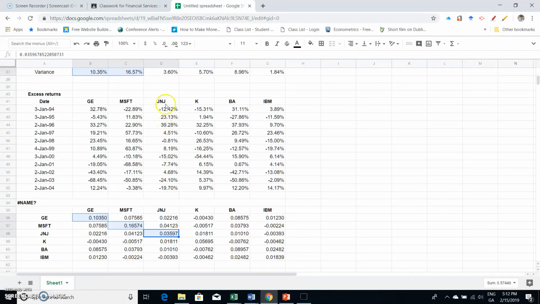The variance of Johnson and Johnson, Kellogg's, Boeing, and IBM, those figures are consistent, right?